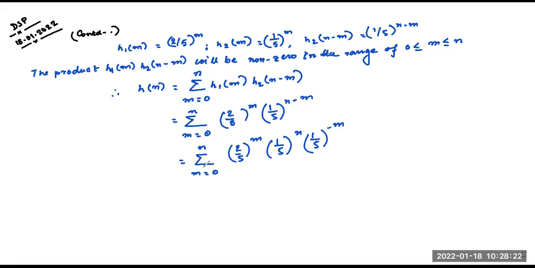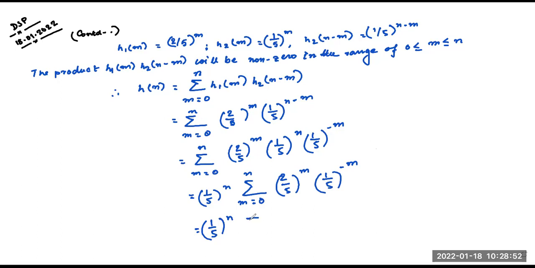So I can write (1/5)^n into summation of m equals 0 to n, (2/5)^m into (1/5)^(minus n). This can also be written as (1/5)^n summation of m equals 0 to n, (2/5)^m into 5^m.